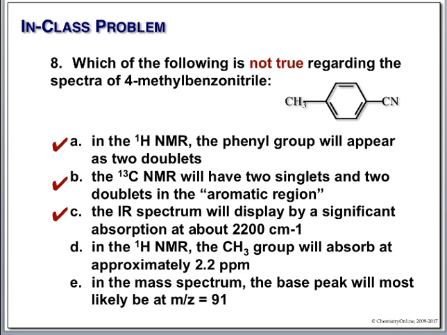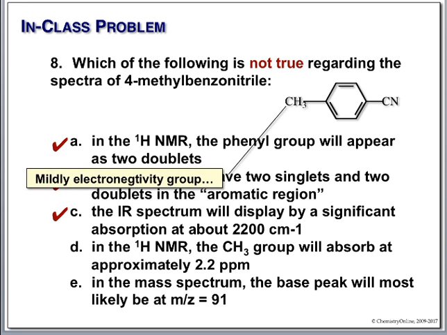If you put electron withdrawing groups on it, it moves it downfield to a larger value of delta, larger parts per million. Here we have a benzene ring. Benzene ring is mildly electronegative, and it shifts it down very nicely, again, to about 2.2. This looks correct to me.